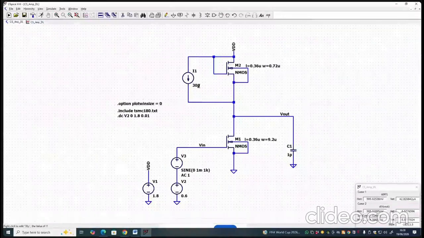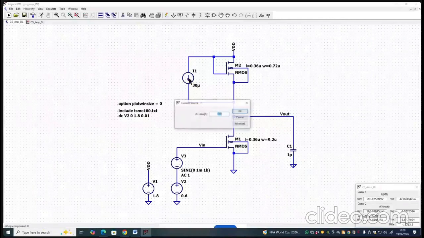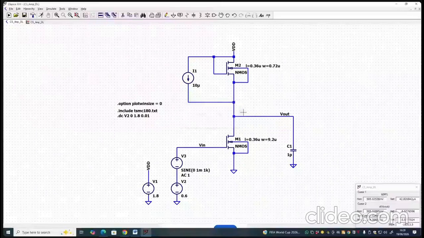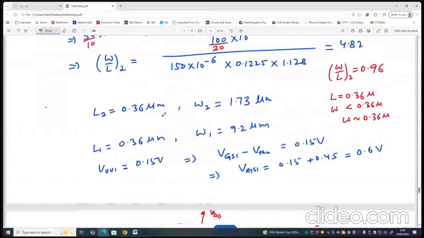So actually we could have kept it like this. Only 10 microampere current goes through this, and then what shall be the width?